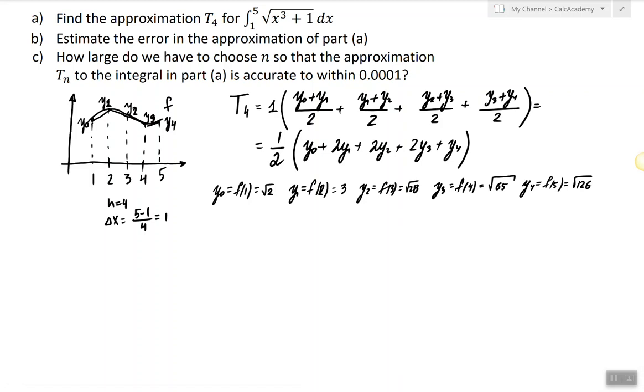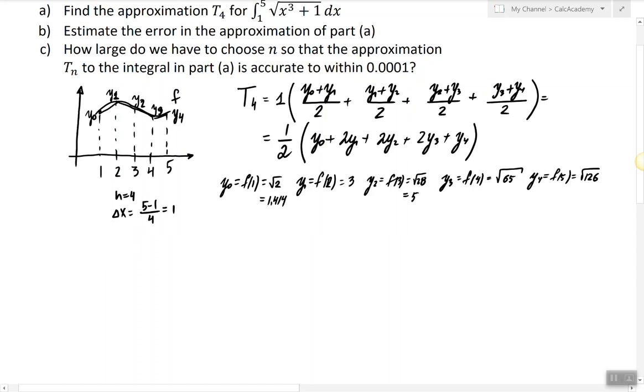Now each of these can be approximated. Let's do up to 3 digits. So the square root of 2, I'm just going to compute it on the calculator, is 1.414. The square root of 9 is 3. The square root of 28 is 5.292.